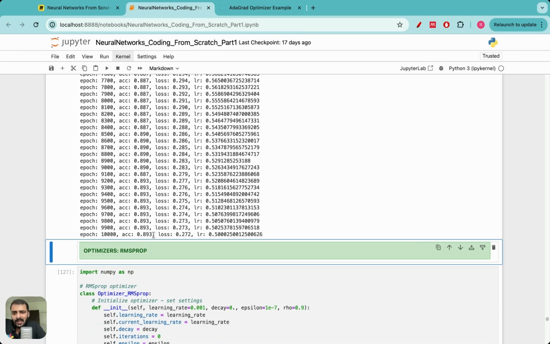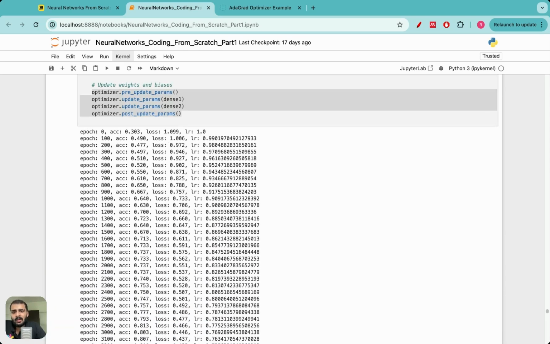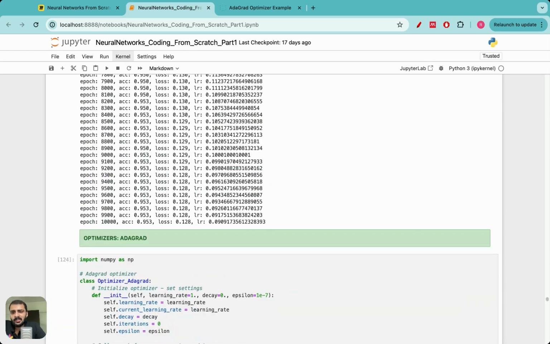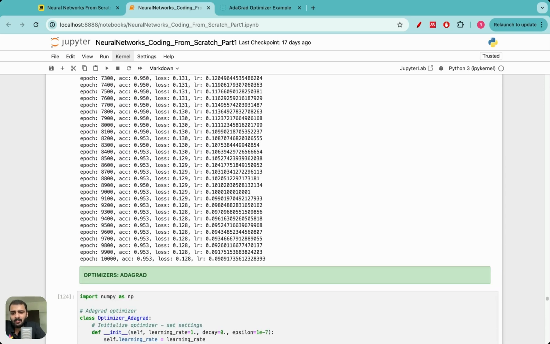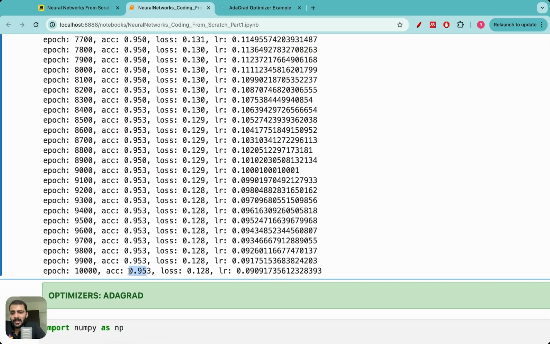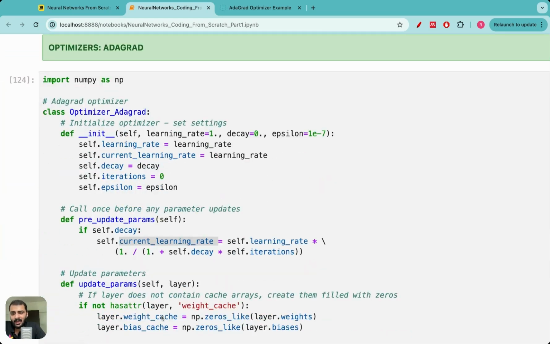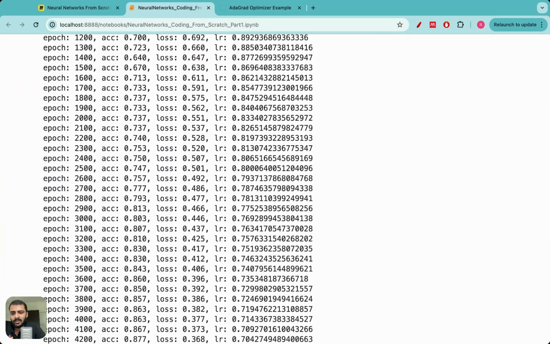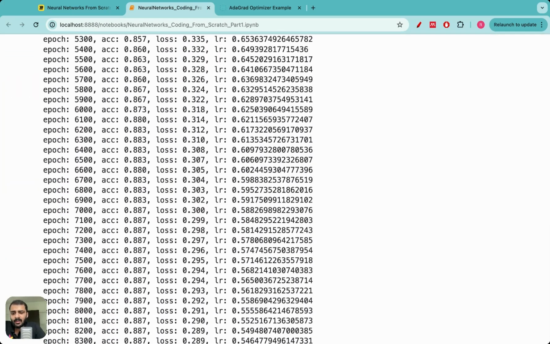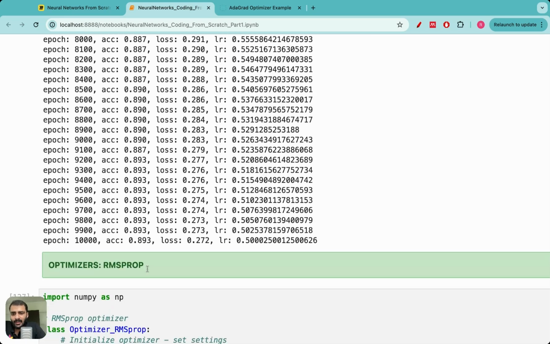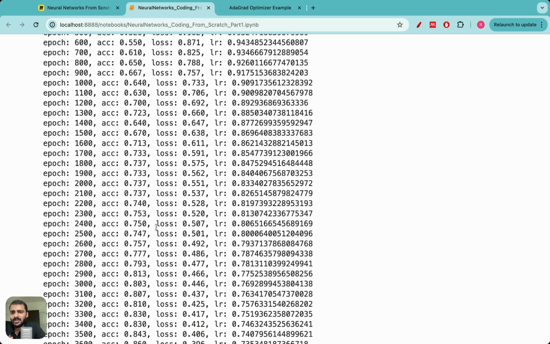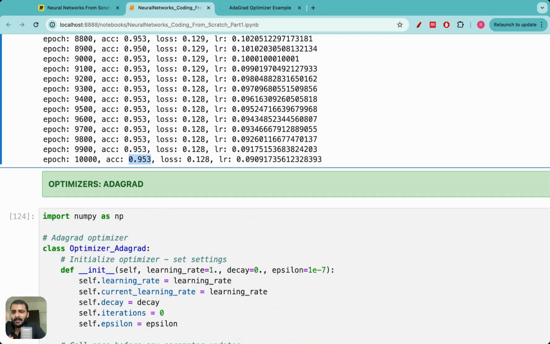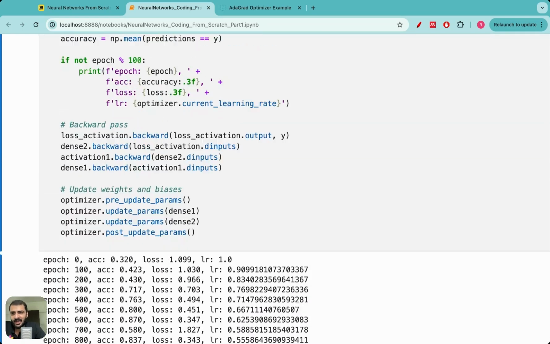So keep this final accuracy in mind, and I want to now compare to previous accuracies. For the SGD with momentum, we got an accuracy of 0.953, which is definitely much higher than Adagrad. In Adagrad, when we ran the code, we got an accuracy of 0.893. So that's an indication that the SGD with momentum might sometimes yield better results than Adagrad.